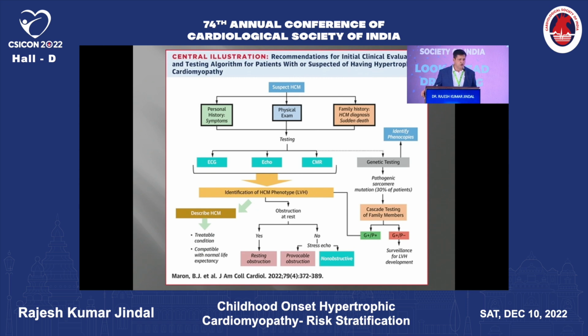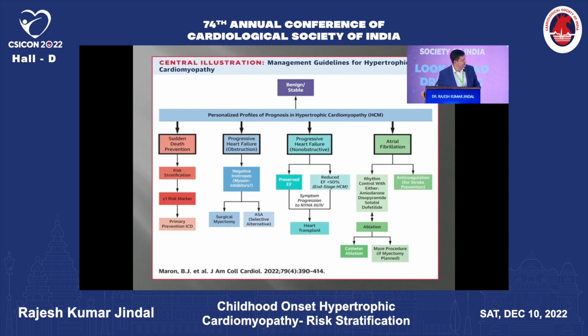And genetic testing has lately been added, and the American Association of Genetic Testing has recommended testing not only in the first degree relatives and cascade testing to identify genotype positive patients who can be put under surveillance for later manifestations of the phenotype of hypertrophic cardiomyopathy. So we kind of characterize them. People who are genotype positive but still phenotype negative are kept under surveillance.